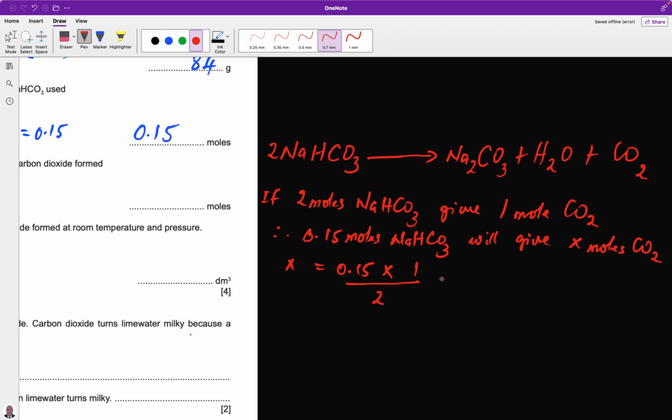We will have 0.075 moles of carbon dioxide. Those are the moles of carbon dioxide.